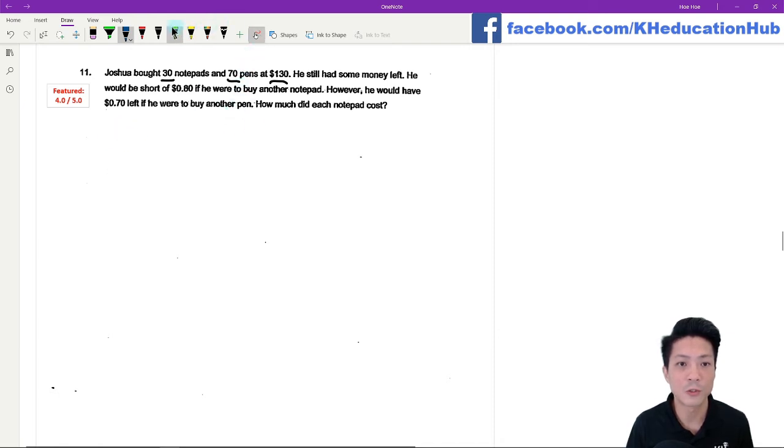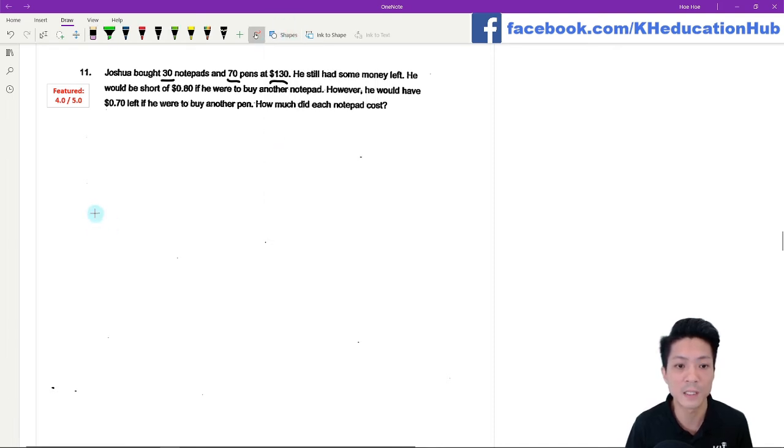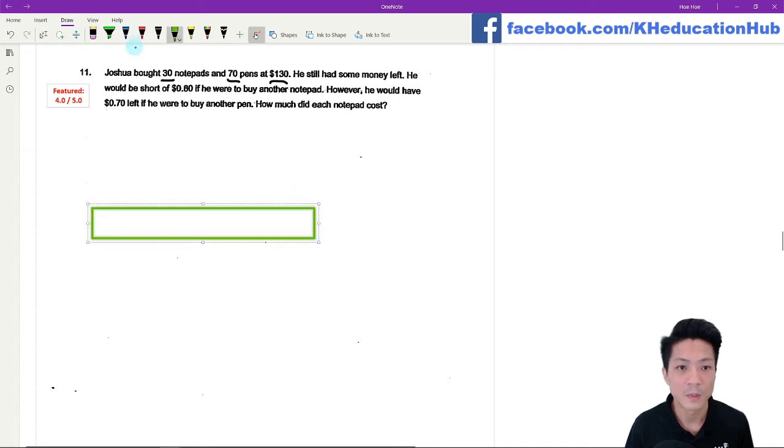For this question, we're going to draw a model. First, I'm going to draw a model that represents the amount of money that Joshua has. This block over here will represent the 30 notepads and 70 pens. 30 notepads plus 70 pens, that would be $130.